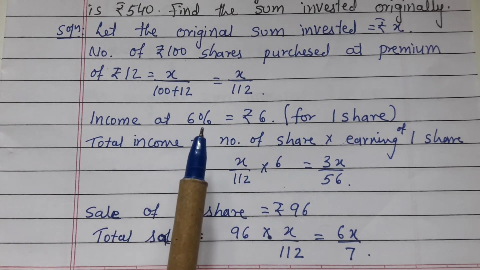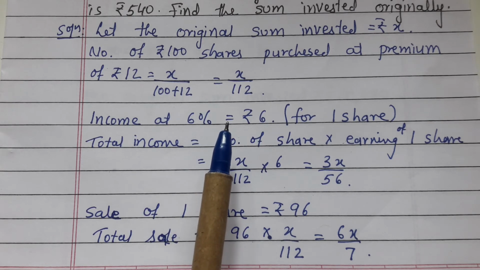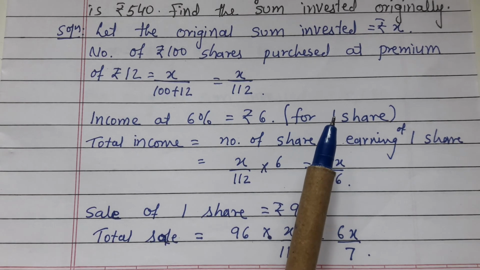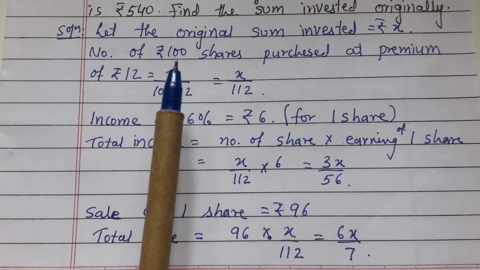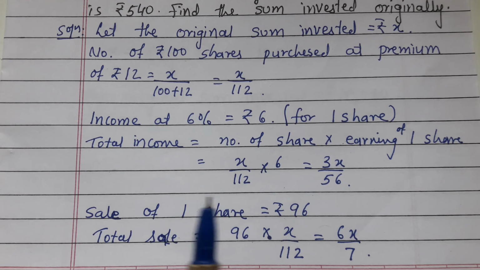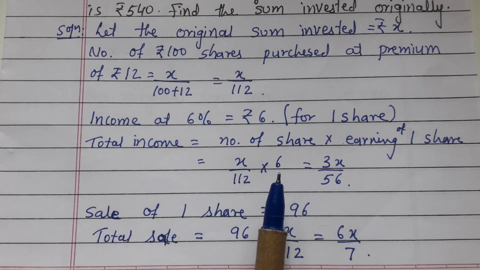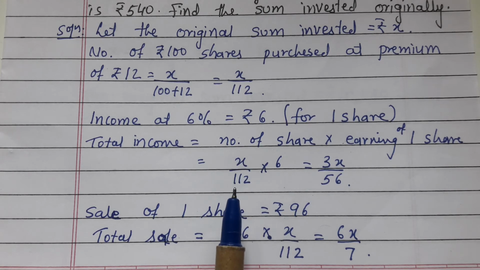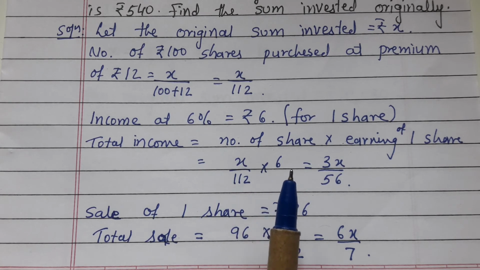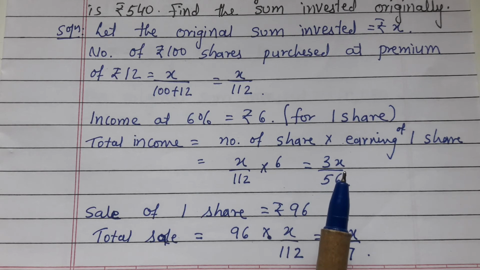Income at 6% is rupees 6 for one share, because nominal value of one share is rupees 100. Total income, number of shares into income of one share, x upon 112 into 6, that is equal to 3x upon 56.